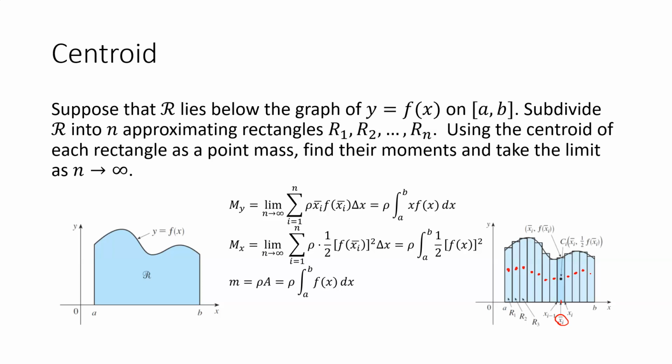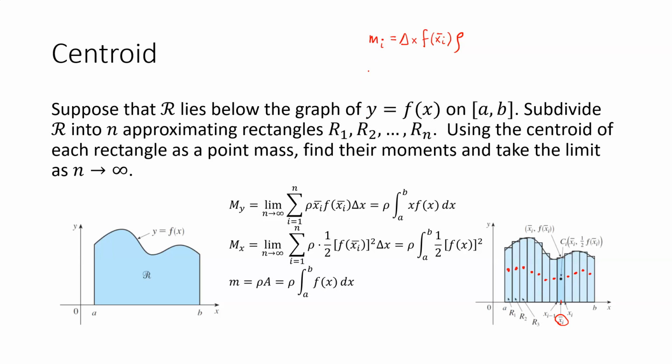We can then use the principle that we had in the point mass case to find the center of mass among all these separate centers of mass. So we know that the mass of our plate, let's say we're looking at the ith plate, the entire area of that ith rectangle would be delta x times f of x_i, times the density, which we're calling rho. So that gives us the mass of that ith plate.